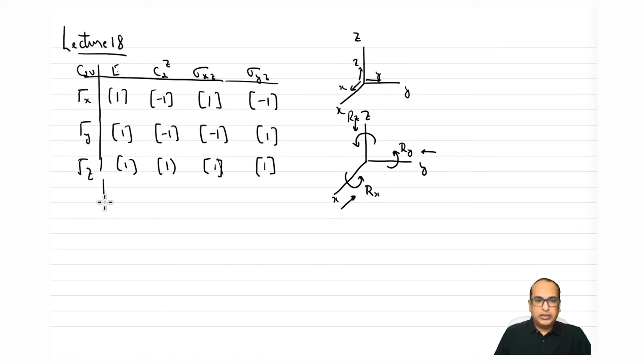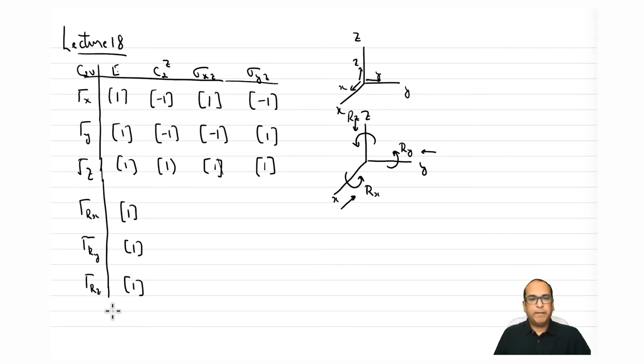So let's extend this table, and tau Rx, tau Ry, tau Rz. And as it is a single basis set, the dimension of the matrix will be 1 cross 1. So there'll be just one element in the matrix. So we can write down for all three cases, it will be 1, right? That is very simple to see.